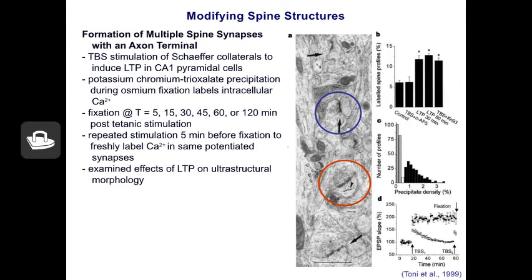KN93 is a kinase inhibitor, so it may impair the changes in the spine as it's downstream from the actual calcium influx, but indeed it did not affect the number of labeled spines. The second graph shows that the density of the precipitates at 60 minutes, measured as the area of precipitate over the spine profile area, varies between spines that were stimulated.